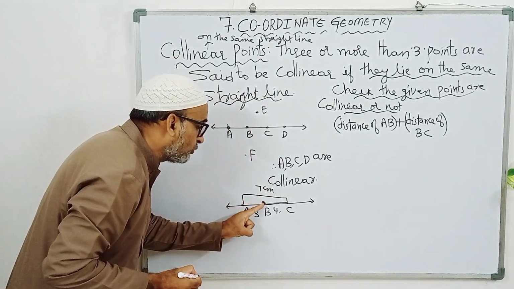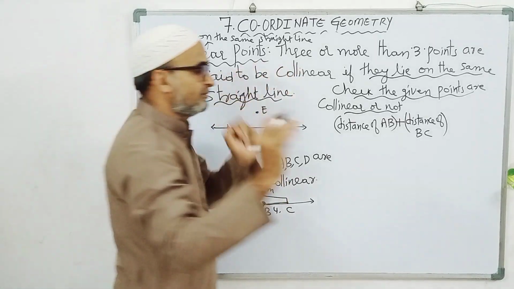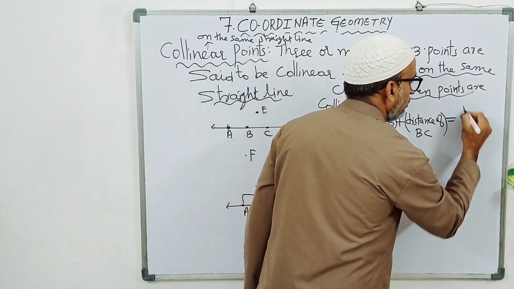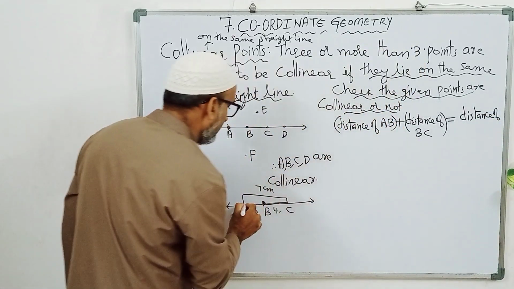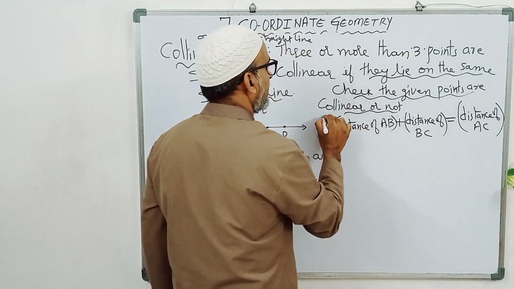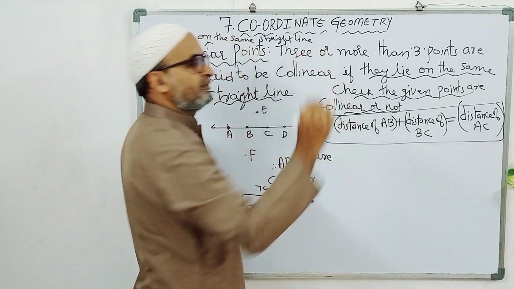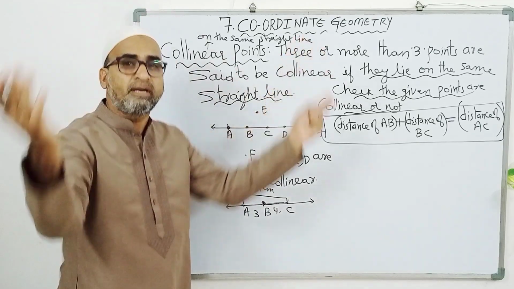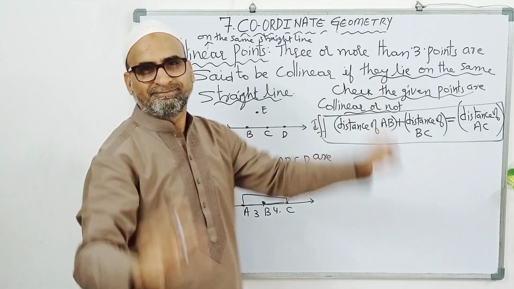If you add A to B and B to C, your answer should be equal to A to C. Distance of AB plus distance of BC is equal to distance of total AC. If this condition is satisfied, if the distance of one part plus the distance of another part is equal to the total distance, then we can say the given points are collinear.